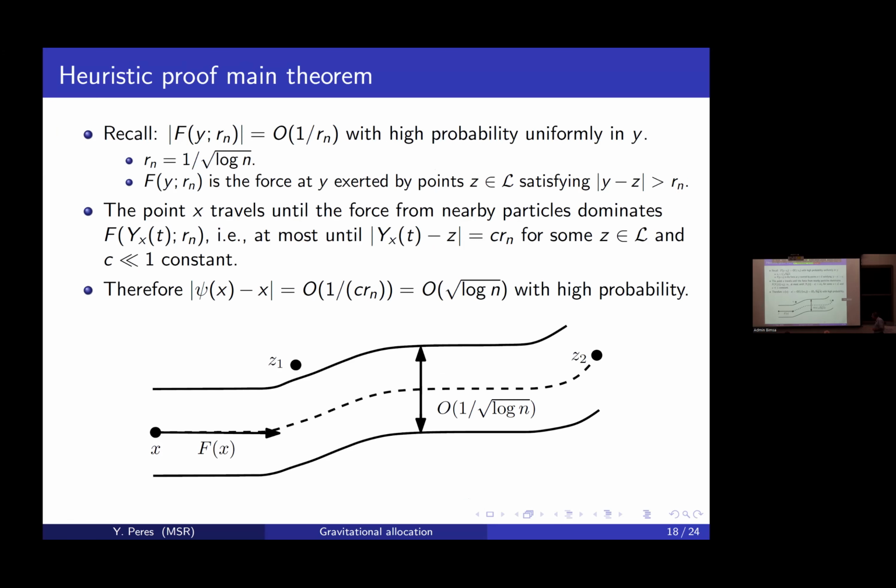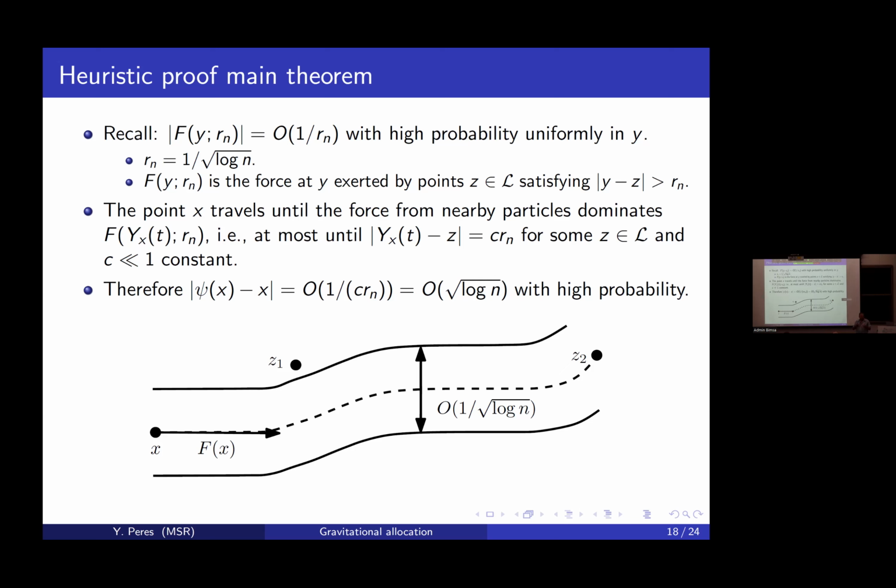There's a nice story, but I don't really have time for it, for why the distance of the matching is root log n. I'll say one word that's in this picture. It turns out that you can calculate that the typical magnitude of the force acting on a point is of order root log n, but that's the global force acting on a point from all the stars. But there's also a local force. If a particle gets very close to a star, then there's a force which is inversely proportional to the distance.